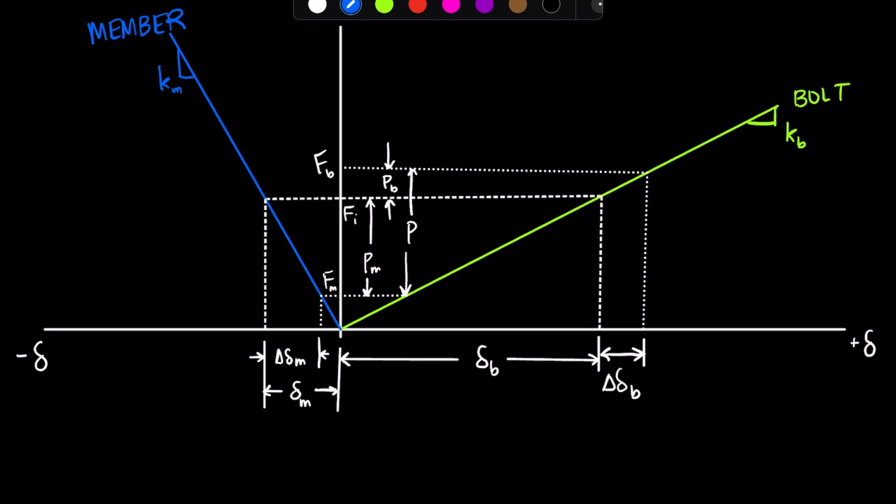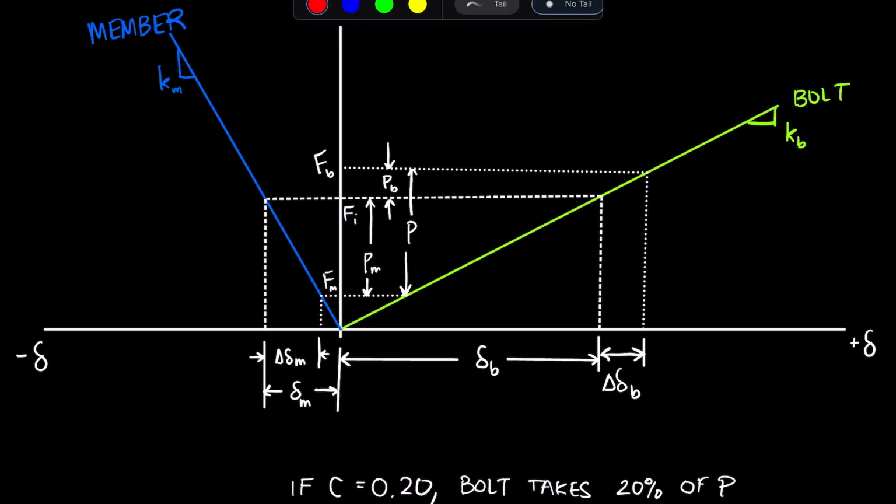So let's say that our stiffness constant C is 0.20. If C is equal to 0.20, then the bolt takes what percent of the external load? It only takes 20% of P, and the members take 80%.